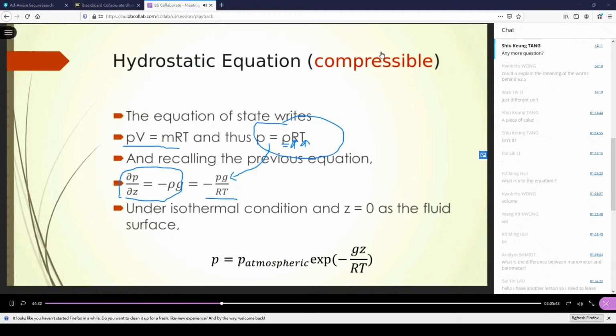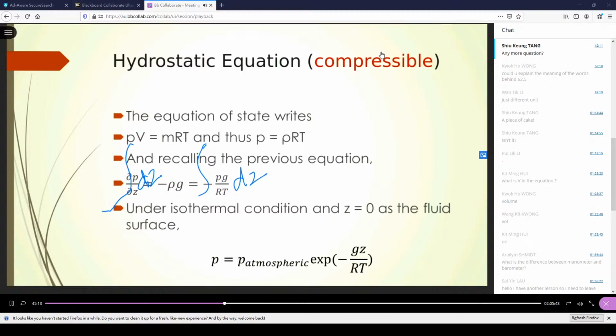Wow. And then you integrate again. You integrate dz here, and again, z equal to 0 is the surface.